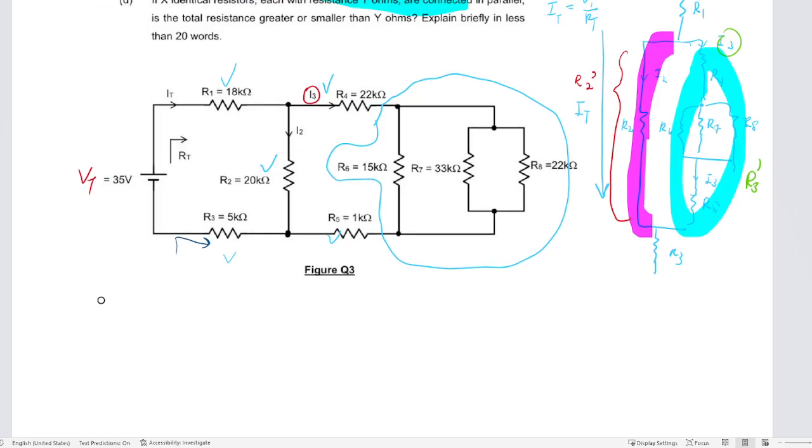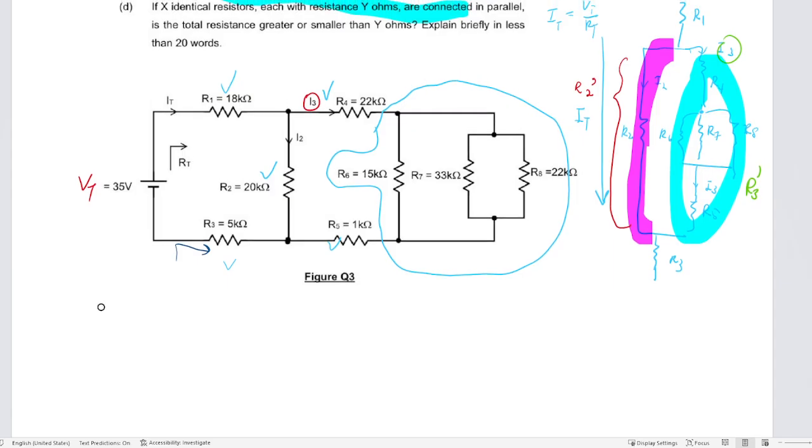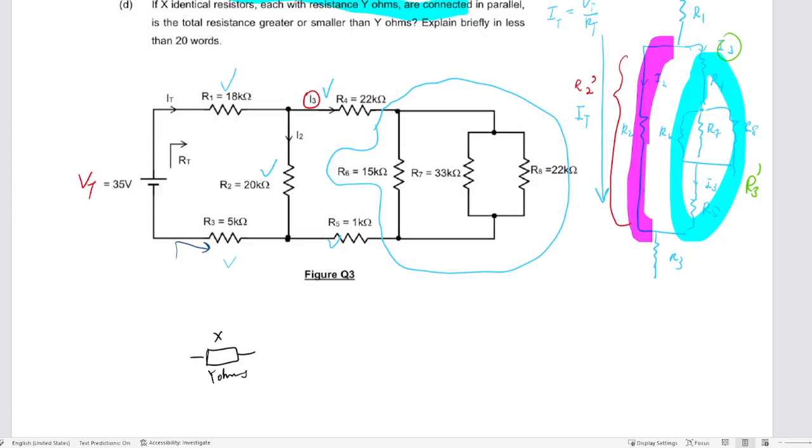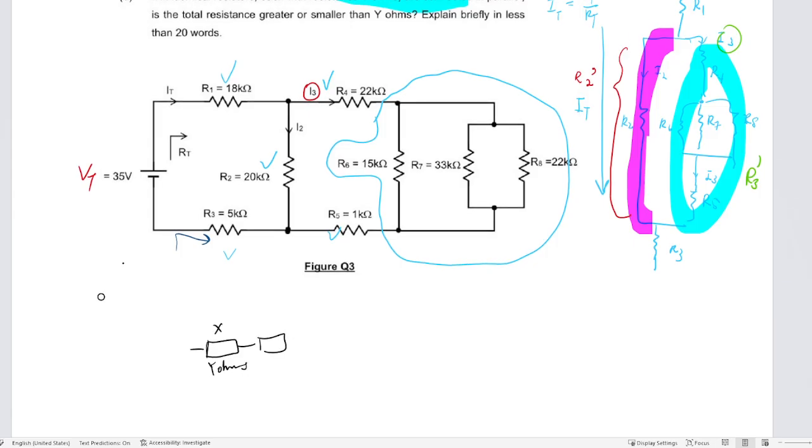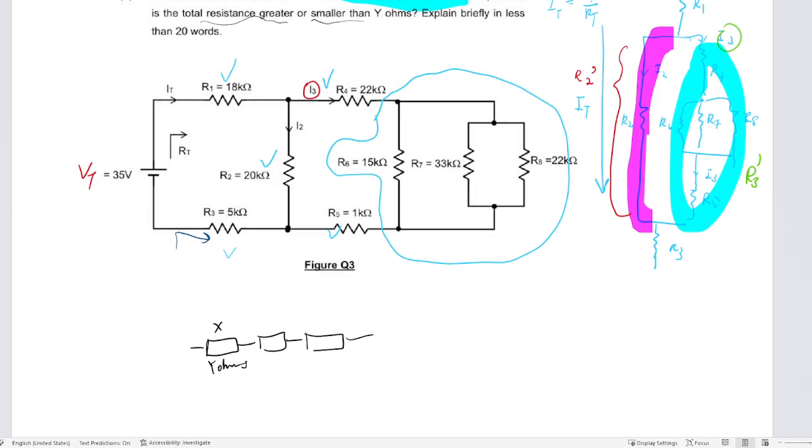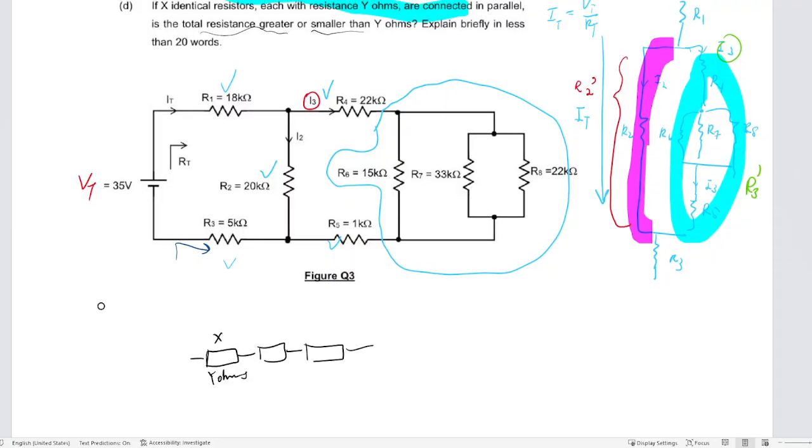If X is an identical resistor with resistance of Y ohms, connected in parallel like so, the total is not a series in parallel.